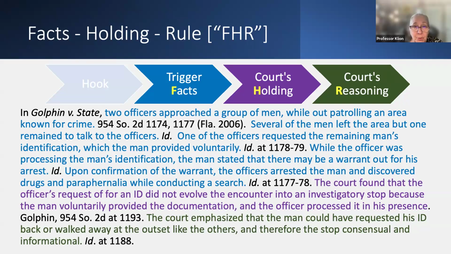One of the officers requested the remaining man's identification, which the man provided voluntarily. Note that every single one of these fact statements are followed by a citation. While the officer was processing the man's identification, the man stated that there may be a warrant out for his arrest. Upon confirmation of the warrant, the officer arrested the man and discovered drug paraphernalia while conducting a search.